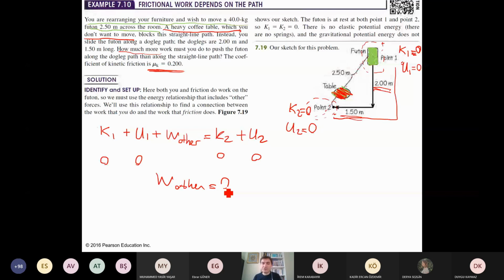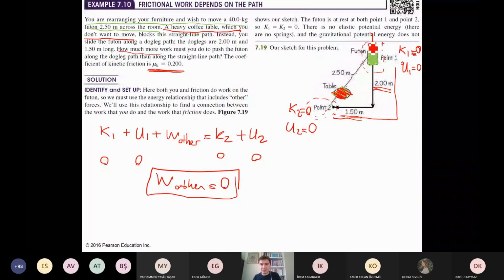What kind of forces do work here? We push this futon, okay, and then we have some certain displacement, so the push force does work on the futon. In addition to that, there is a friction force, which is opposite to this push force.